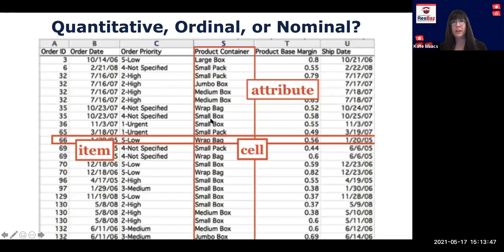So in this chart that we talked about in the beginning, let's do a quick check. Which ones are nominal? Let's do that one first. Just type in the chat, take a guess, think to yourself.